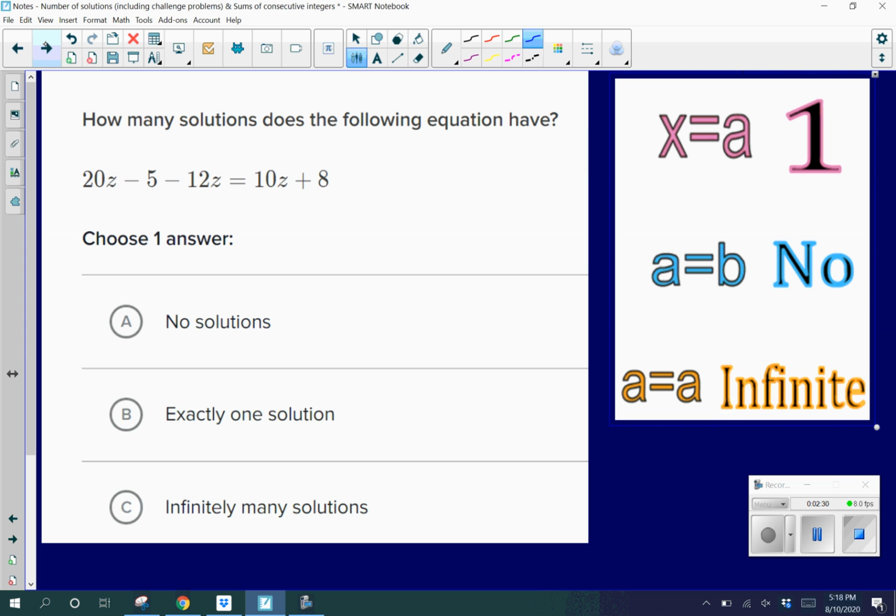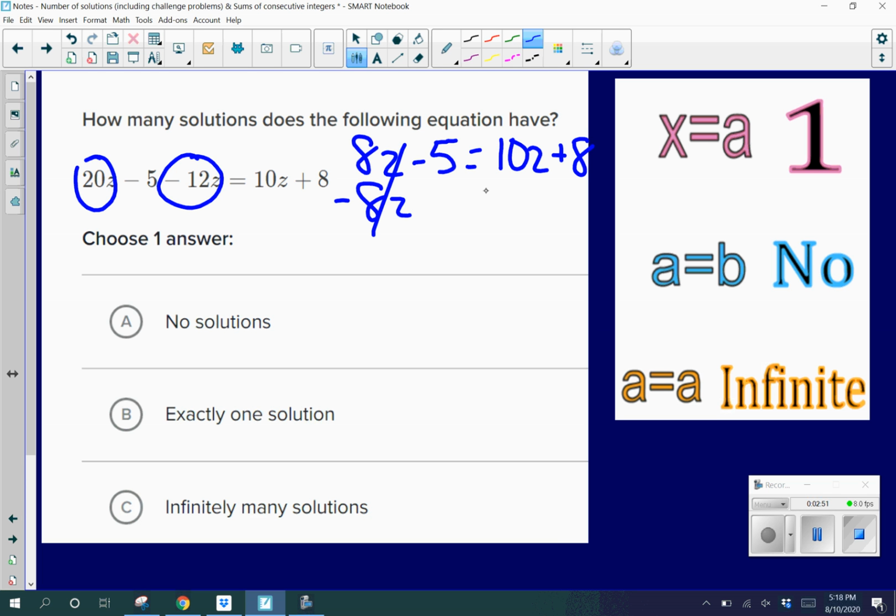Let's try another one. The more of these you do, the easier it gets, the more you get the hang of them. So I've got a +20z and a -12z, different signs, so we subtract. That's going to leave me with 8z minus 5 equals 10z plus 8. So now I'm going to subtract 8z on both sides. It's going to cancel there. That leaves me with -5 equals 2z plus 8.